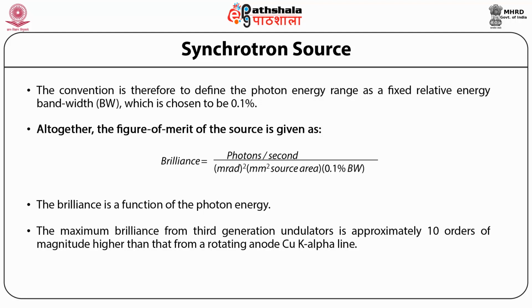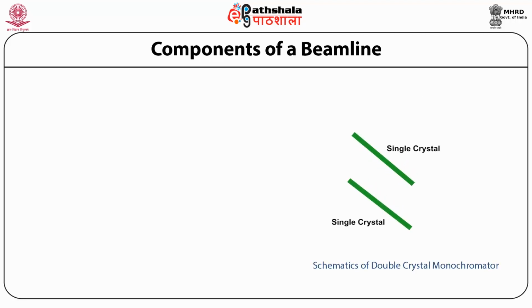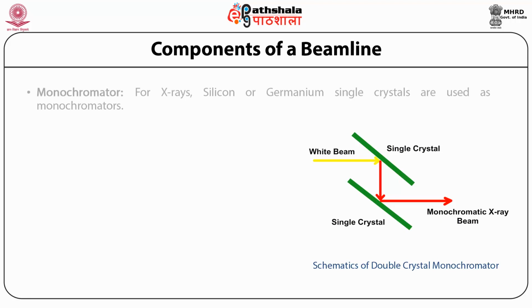So students, now let us see the main components of a beamline present at the synchrotron sources. A standard synchrotron beamline consists of the following components. First, the monochromator.